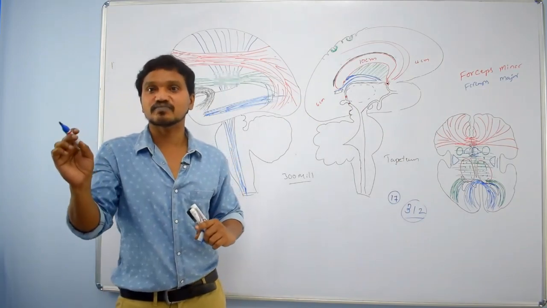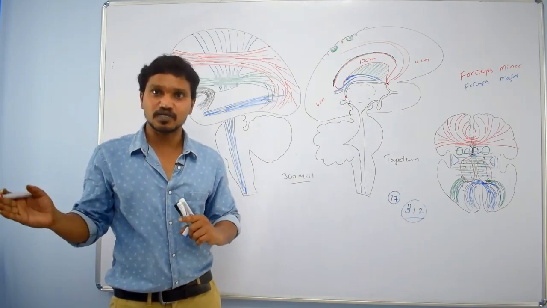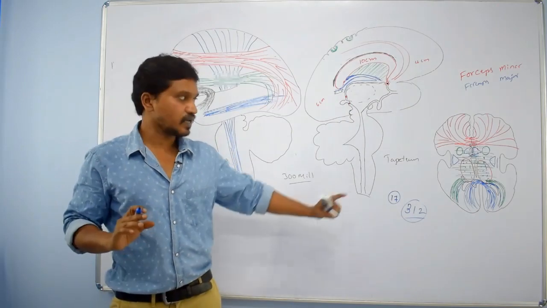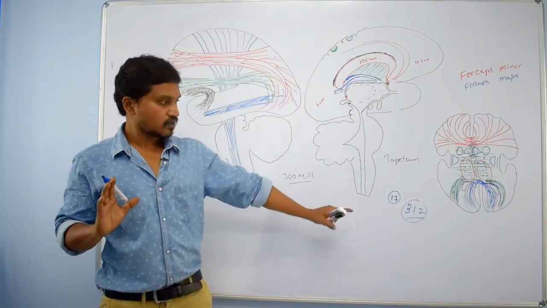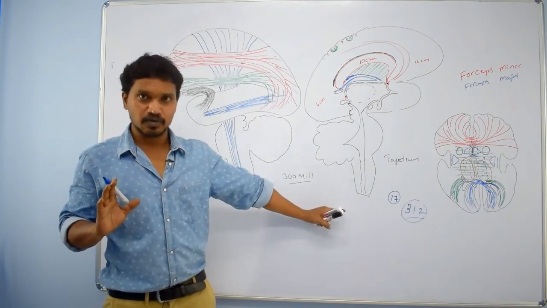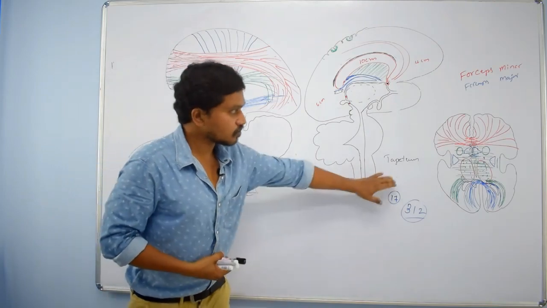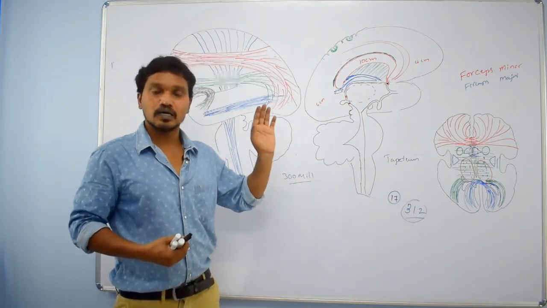Those areas are not interconnected from one cerebral hemisphere to another. All remaining areas are connected by these commissural fibers. Right? This is an important thing, you have to remember this. Clear?